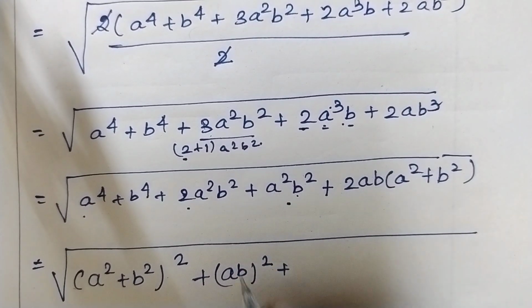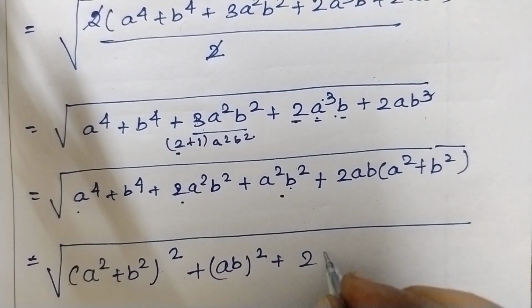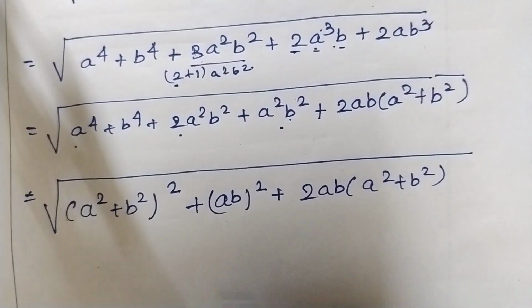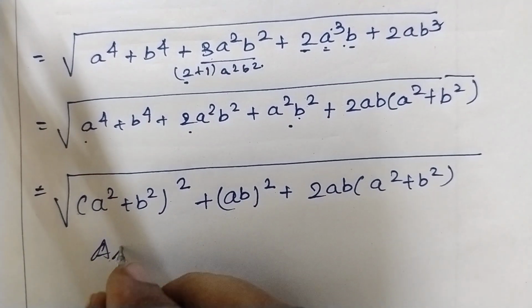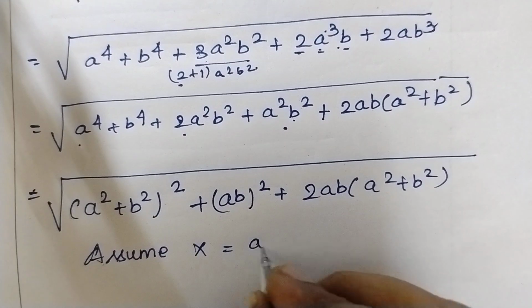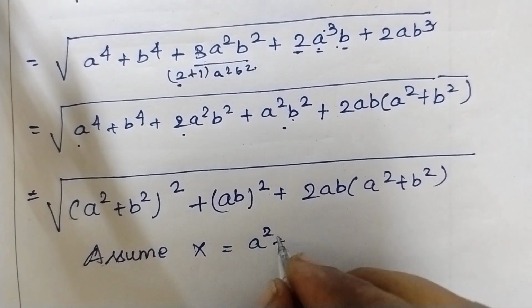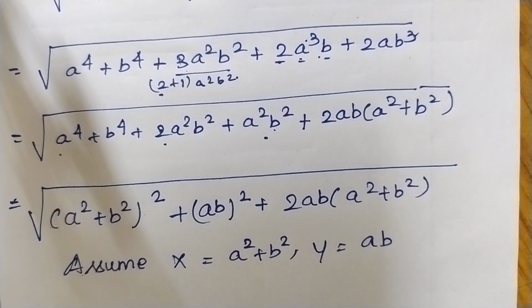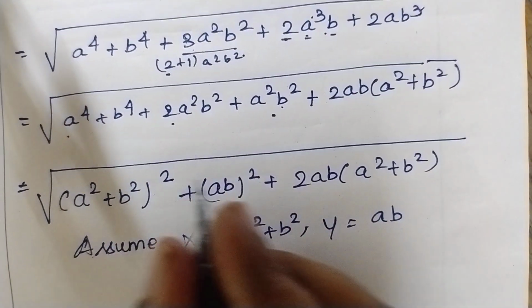So individual square becomes a single square. So 2ab into a square plus b square. So here I am going to assume another thing. In order to simplify that, x is equal to a square plus b square and y is equal to ab. So just substitute that in this equation.